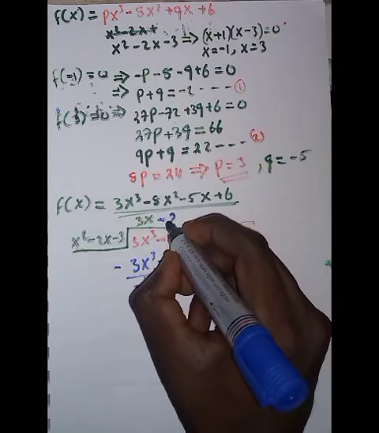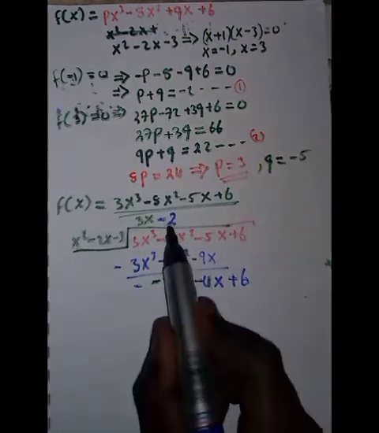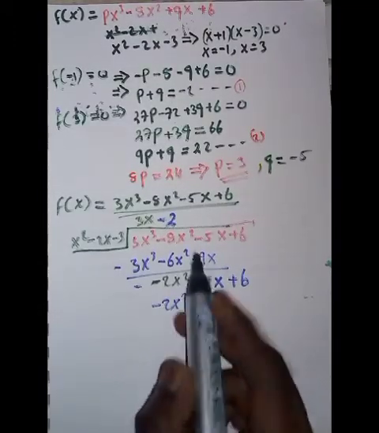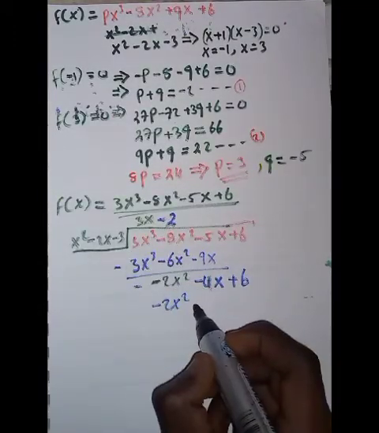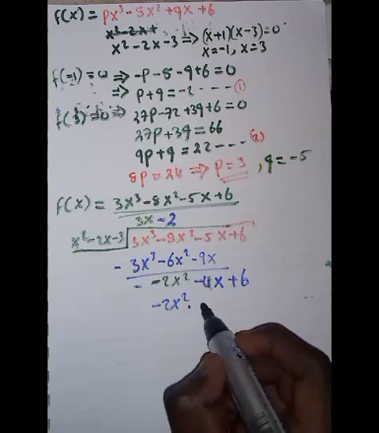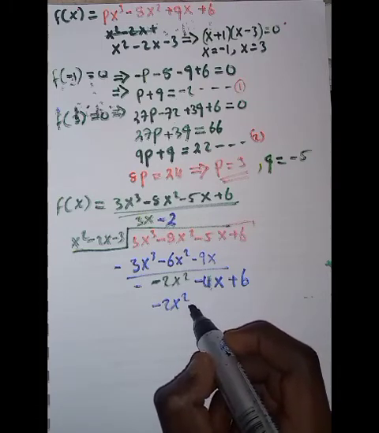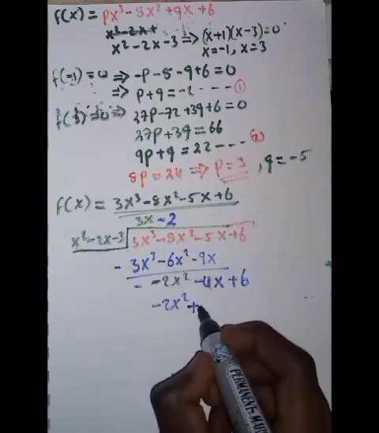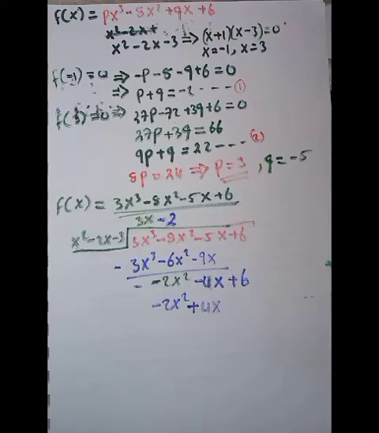So we simply have -2. Then -2 times x squared gives us -2x squared. Then -2 times -2x gives us positive 4x.